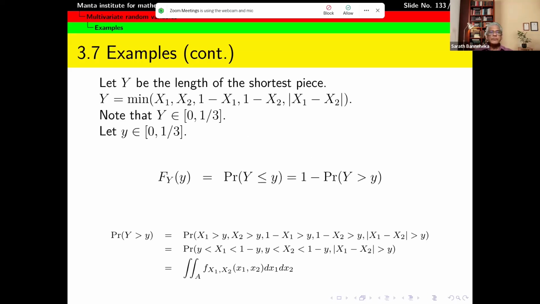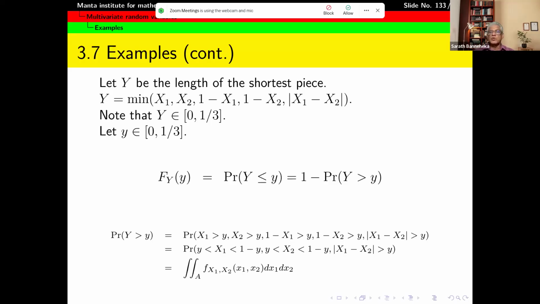So what we are interested in is the length of the shortest piece. So what can be the length of the shortest piece? For example, the length of the shortest piece can be x1 or it can be x2, right?